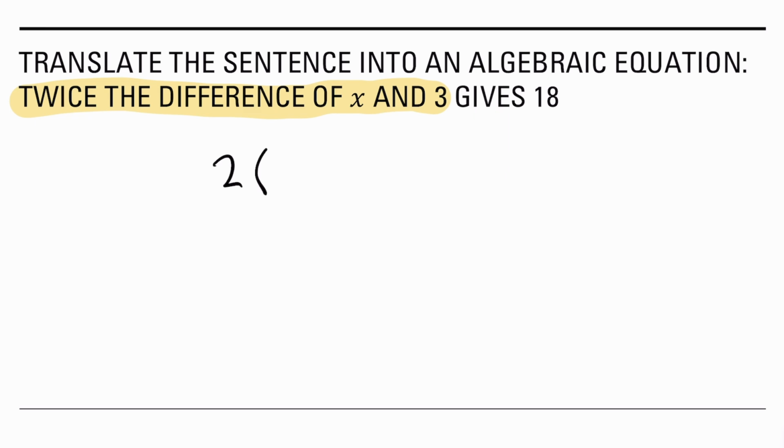So we need the difference to be in brackets because we want to calculate that first. The difference is subtraction, so x minus 3. Then we want to multiply that by 2. Now gives is also another word for equals. You won't see it as commonly, but it does mean equals. And so 2 bracket x minus 3 equals 18.